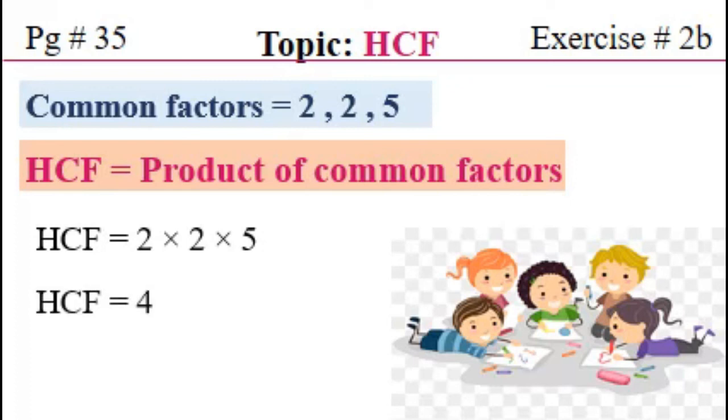And as we know that 2 times 2 is 4, we will firstly multiply the first two numbers and write the third one as it is, which is multiplied by 5. Now in the third step, we can simply multiply these two numbers together. So 4 times 5 is 20, which is the HCF.